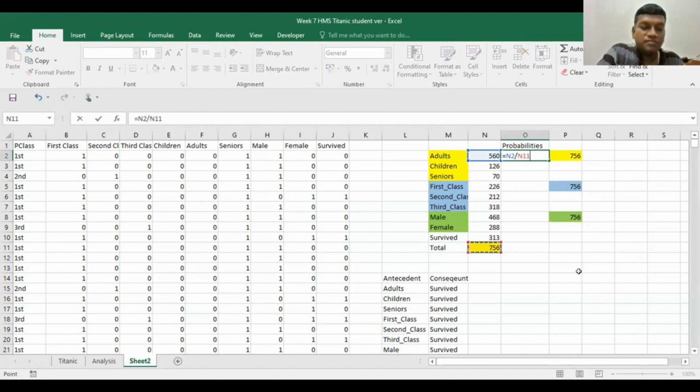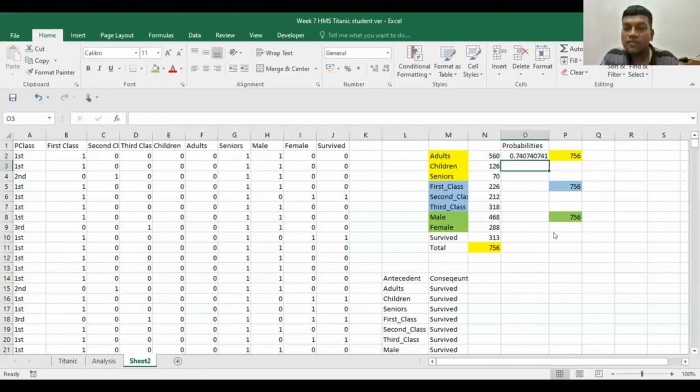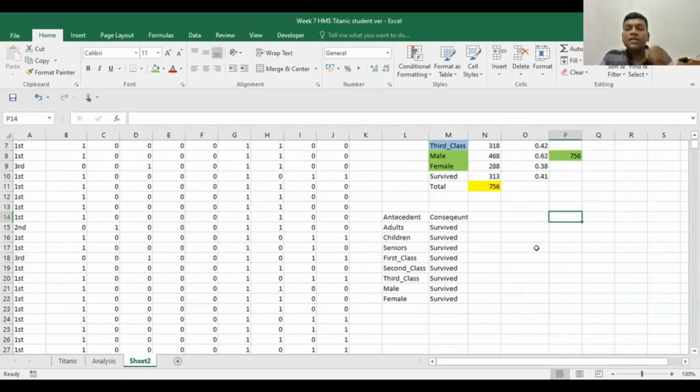Lock that with F4 and drag it down. Okay. So these are individual probabilities of the different cohorts. Now, antecedent, consequent.